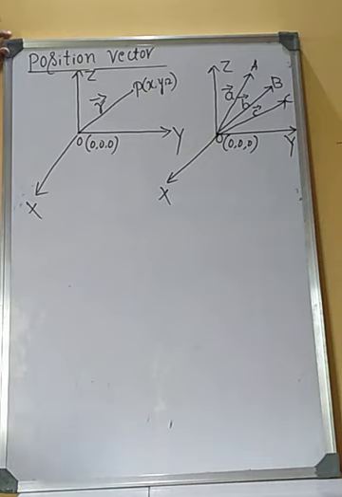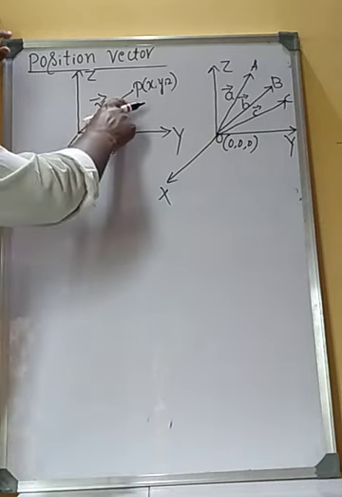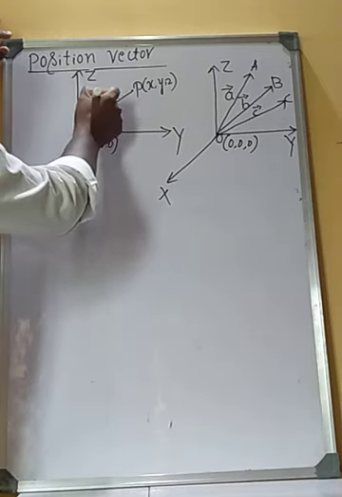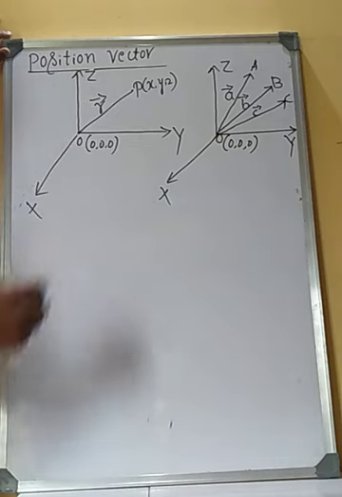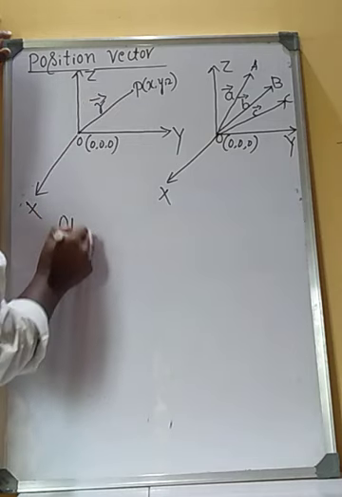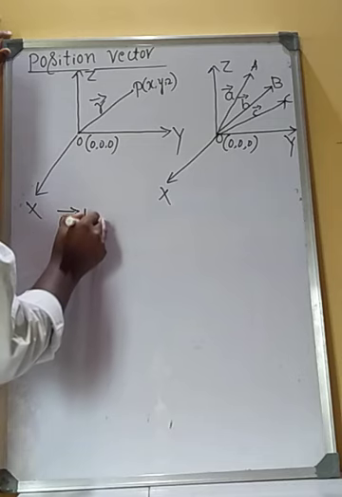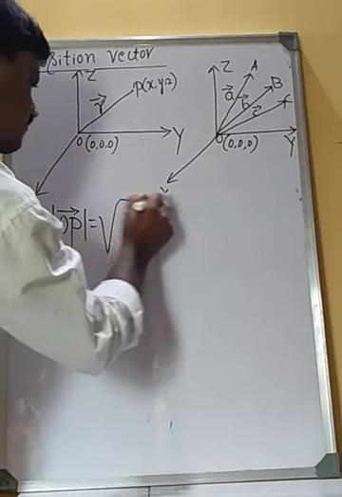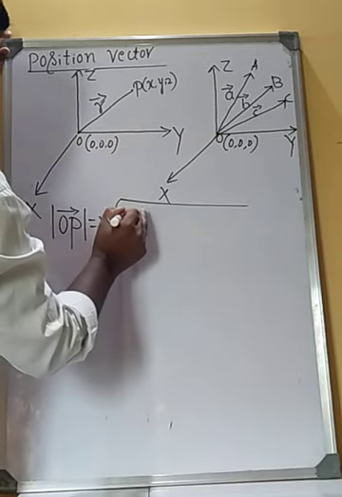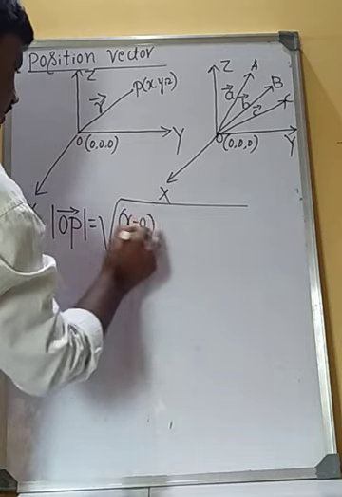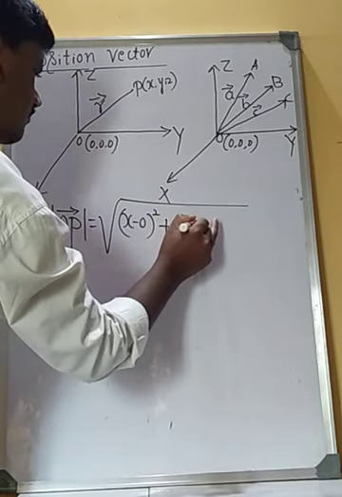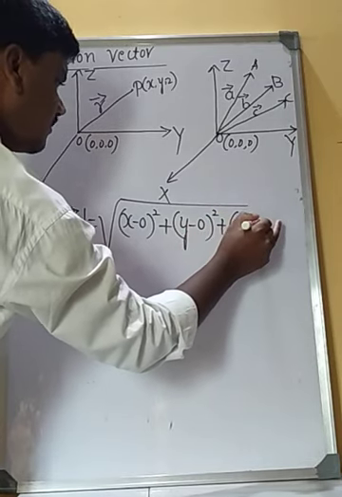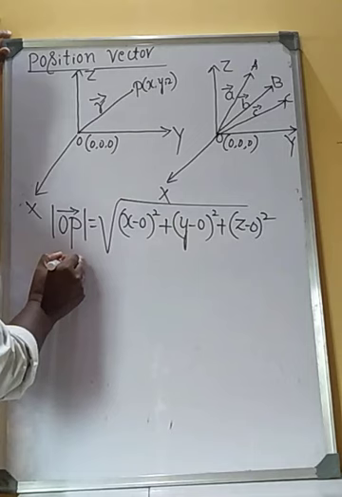Using the distance formula, the magnitude of vector OP or vector r is given by: magnitude of OP is equal to the square root of (x minus 0) whole square plus (y minus 0) whole square plus (z minus 0) whole square.